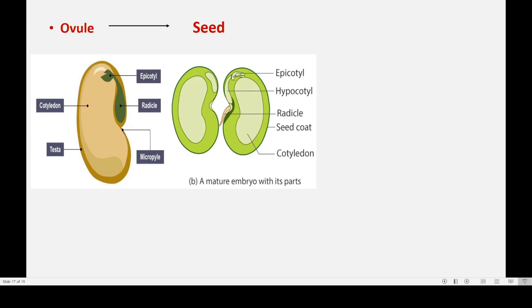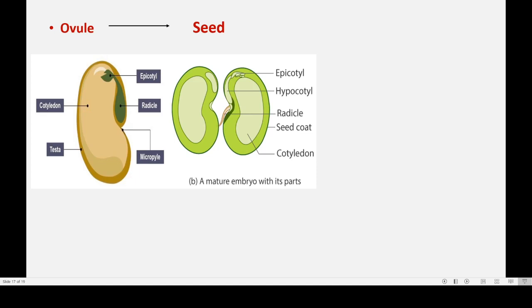But here cotyledons are present. These are the cotyledons, and sometimes they provide nourishment. They have stored food which is helpful in the germination of that embryo.